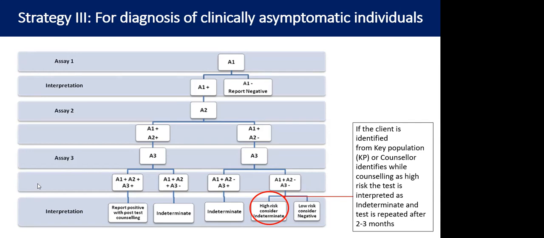If he or she belongs to a low risk, then you consider it negative. However, if the person is from a high risk group, the key population, then you consider it indeterminate and the test should be repeated after 2 to 3 months.